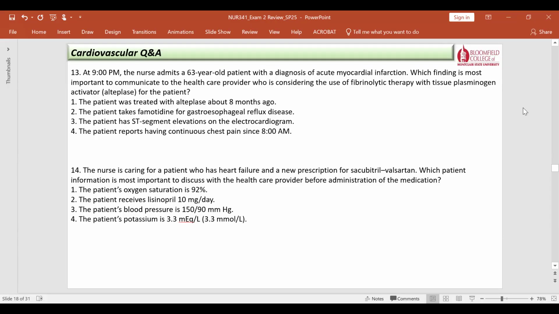So number 4, yes, but what was your rationale, Razia? Oh, so like the pain has been going on for a long time already. For how many hours?